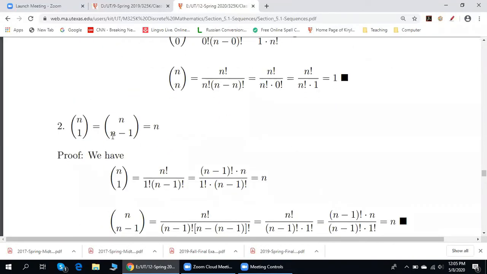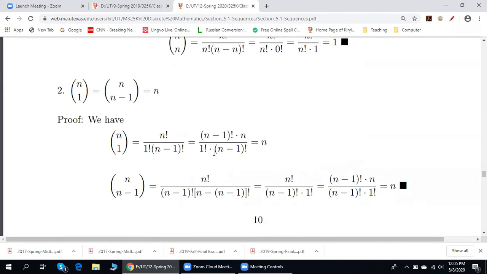Similarly, n choose 1 is equal to n choose n minus 1 is equal to n. And again, we use the formula. In order to find n choose 1, we apply the formula. And now, in order to simplify this formula, we do the following. N factorial is n minus 1 factorial times n.